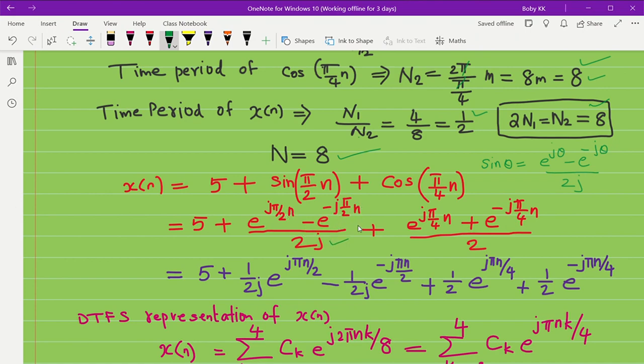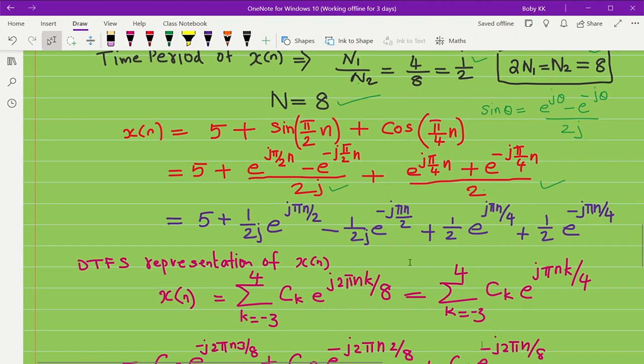Whereas cos theta is e raised to j theta plus e raised to minus j theta divided by 2. Divided by 2 only here, and this one is divided by 2j. Now we can expand it.